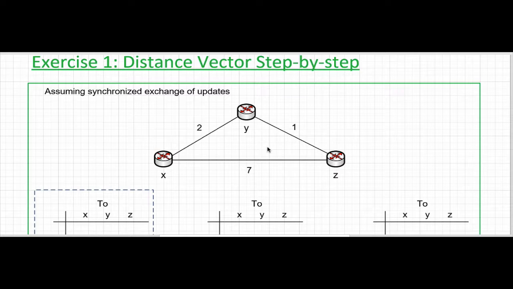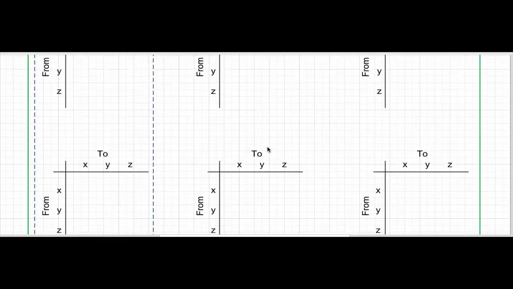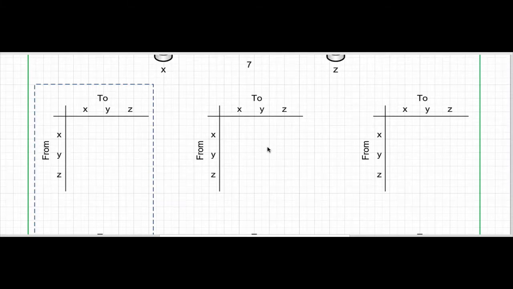And we're going to do this step by step using the tables that are right here. As we progress in time, we're going to move from left to right. So we're going to start here and move in this direction. Right here we have a table that allows us to write down the distance to the other nodes that we know of, so basically the distance vectors.